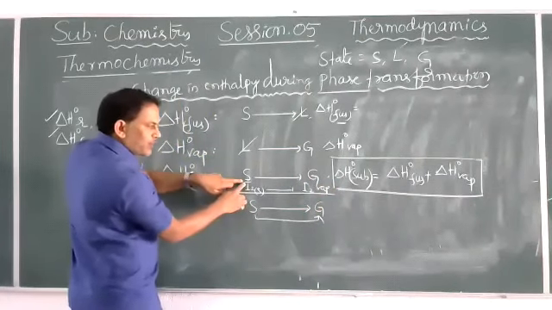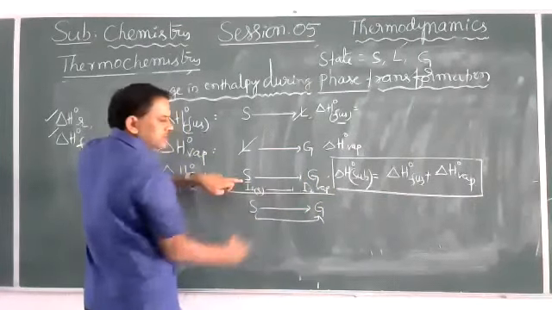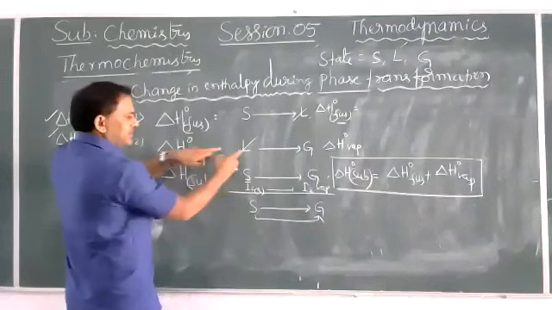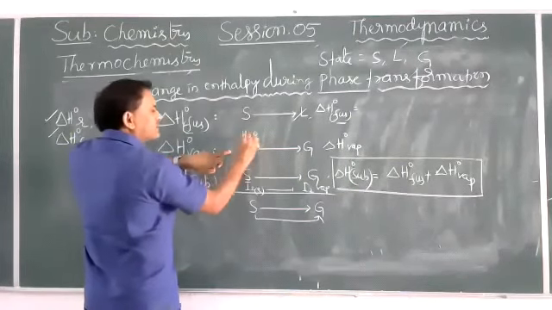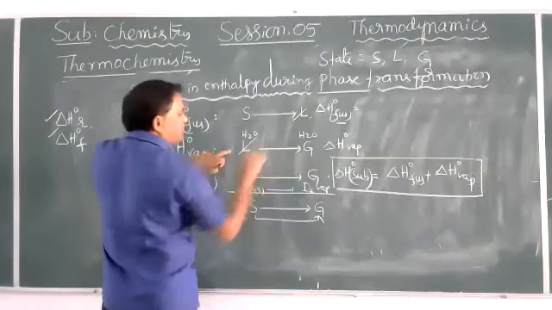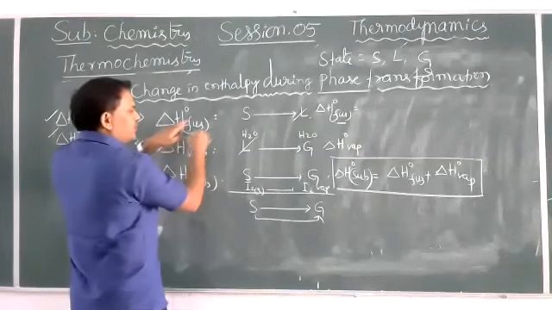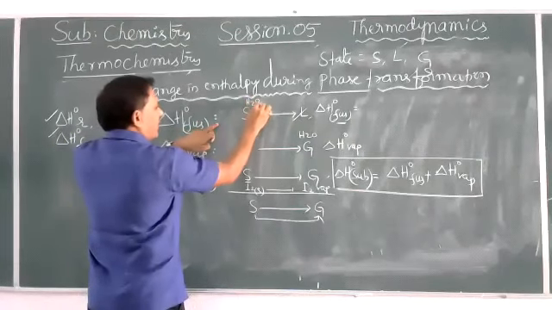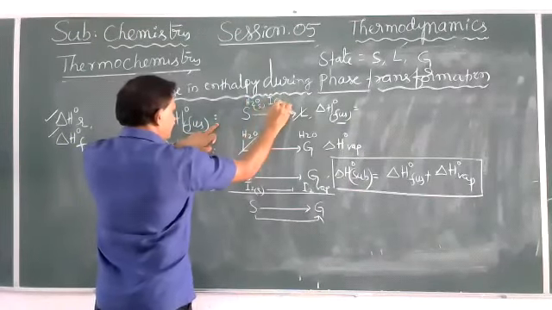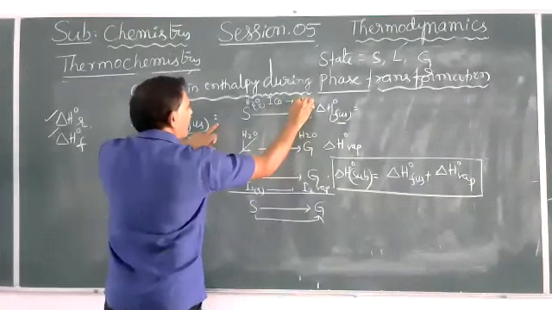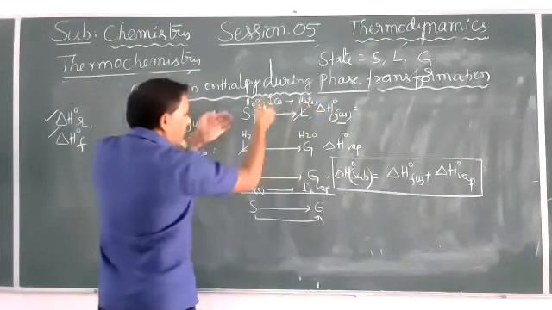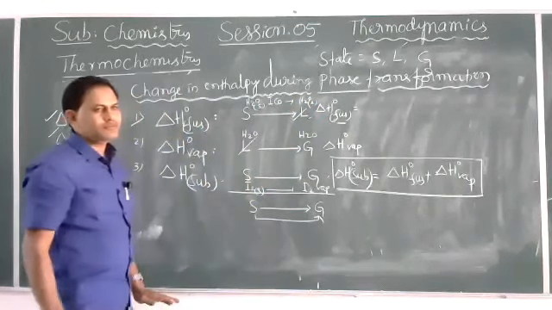Naphthalene balls are converted into naphthalene vapors. Here, vaporization: H2O liquid is converted into H2O gas. Here, fusion: H2O solid, meaning ice, is converted into H2O liquid. These are the examples.